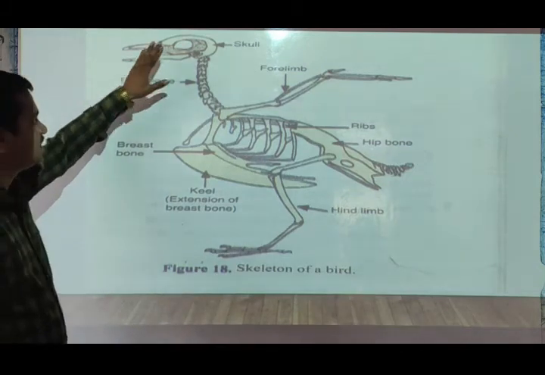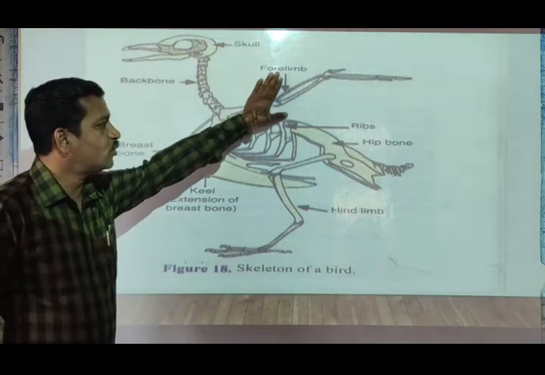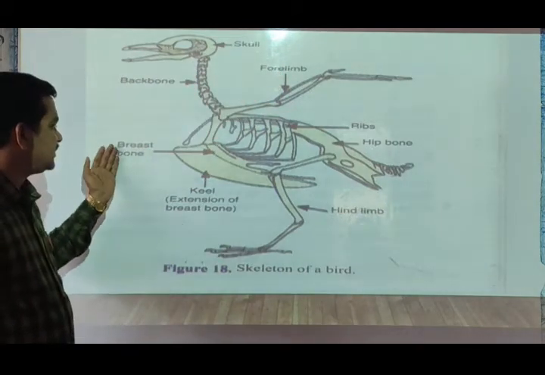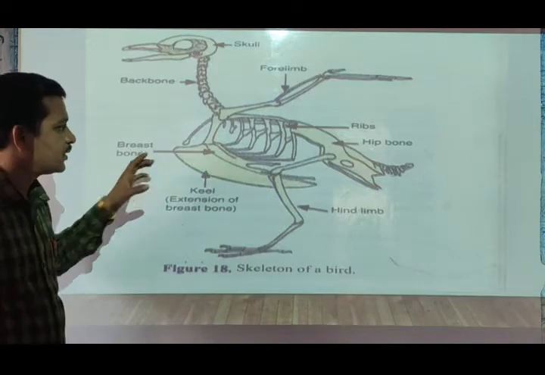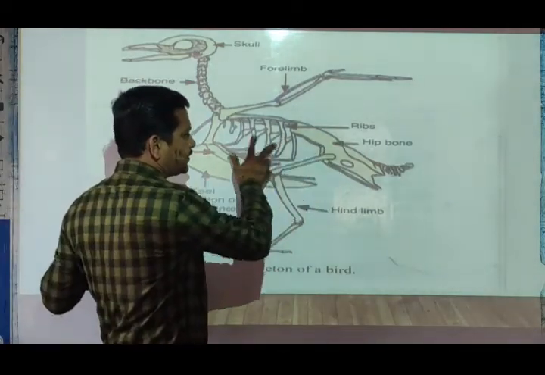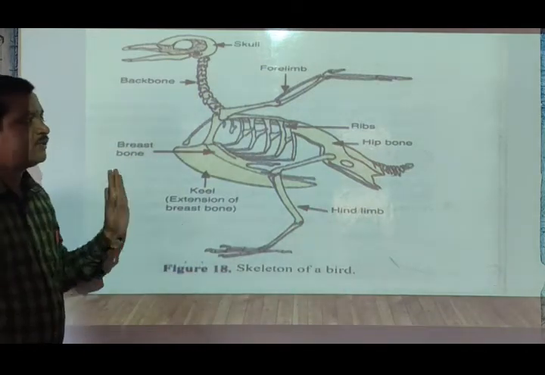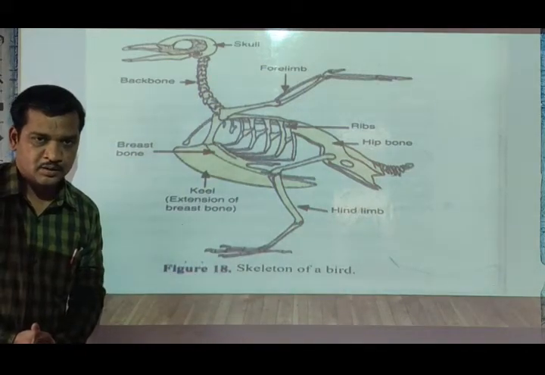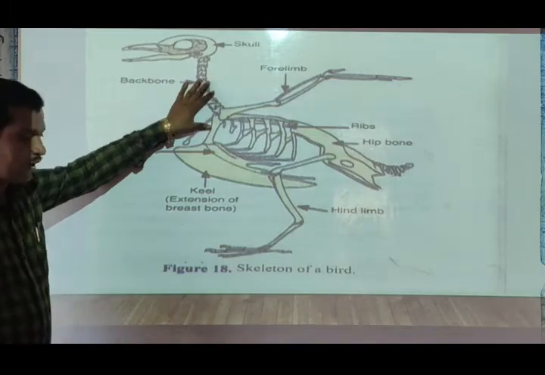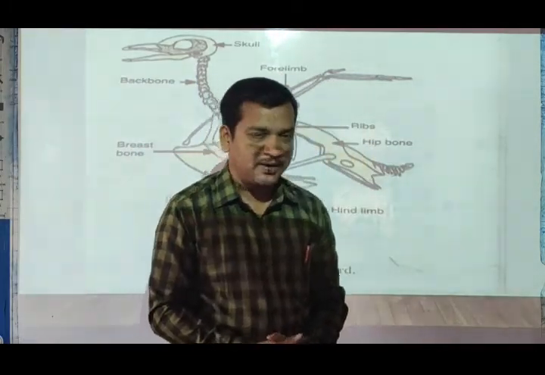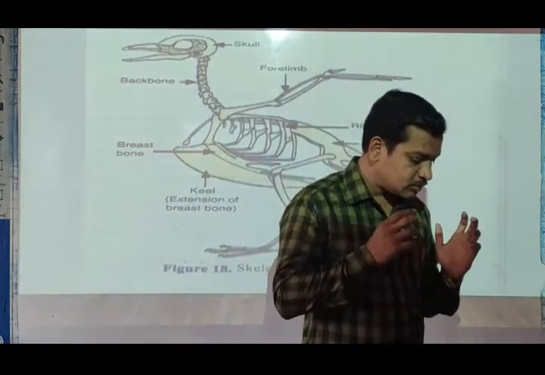Now see here, this is the skull, these are the forelimbs, this is the backbone, this is the breastbone, these are the ribs, hip bone and hindlimbs. Now first point, the birds can fly because their bodies are adapted for the purpose.